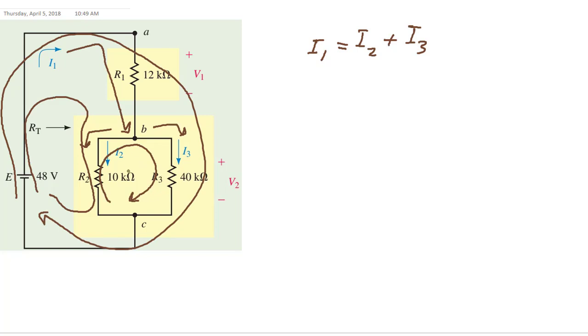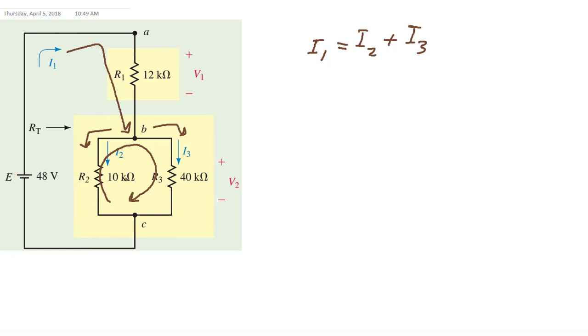For the one inside, this loop actually can be looked at in a different way. We have two parallel resistances, this resistance and this resistance. They are in parallel. They have the same voltage, which is indicated here as V2. It is actually the same result if you write it as a loop equation like this.